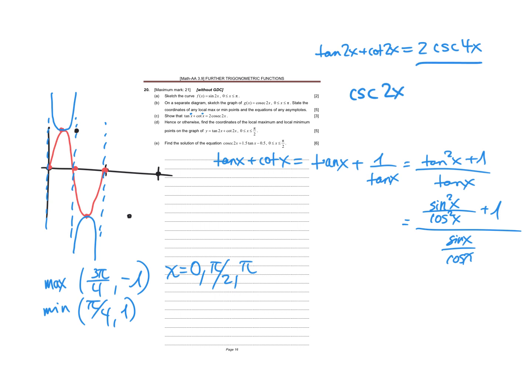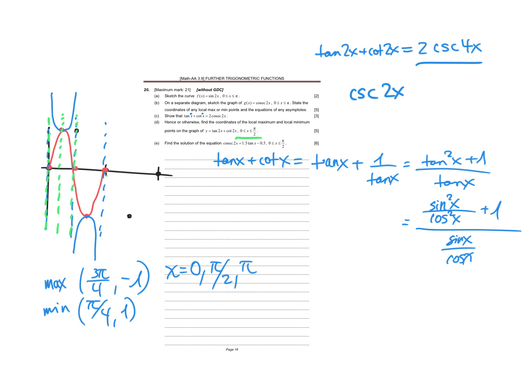So this is 0 to pi over 2. So 0 divided by 2 is still 0. Pi over 2 divided by 2 is pi over 4. This was pi over 2 here. Then pi divided by 2 is pi over 2.